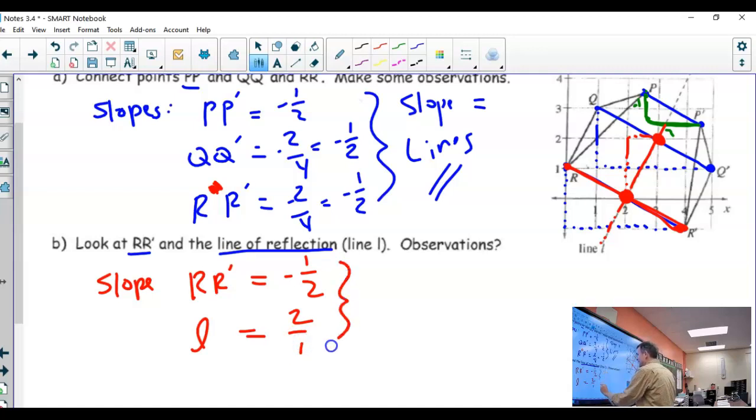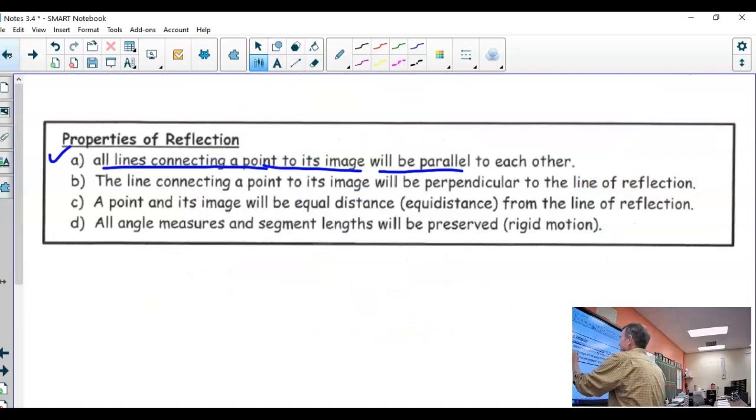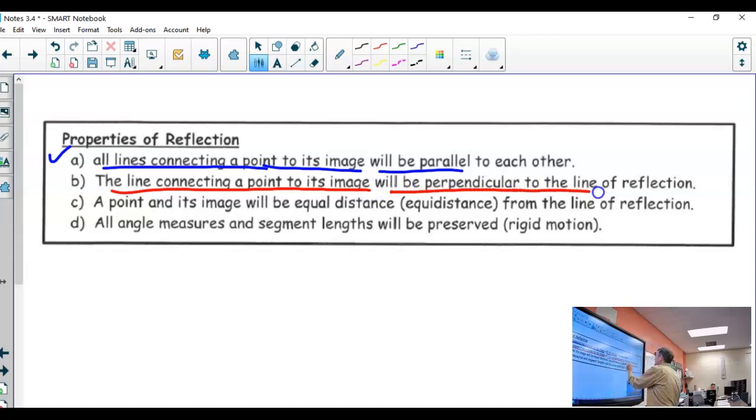And you can see, obviously, these are opposite reciprocals. And because they're opposite reciprocals, we know that the lines are perpendicular to each other. So it looks like I have verified that the line connecting a point to its image will be perpendicular to the line of reflection. Check, I have verified that.